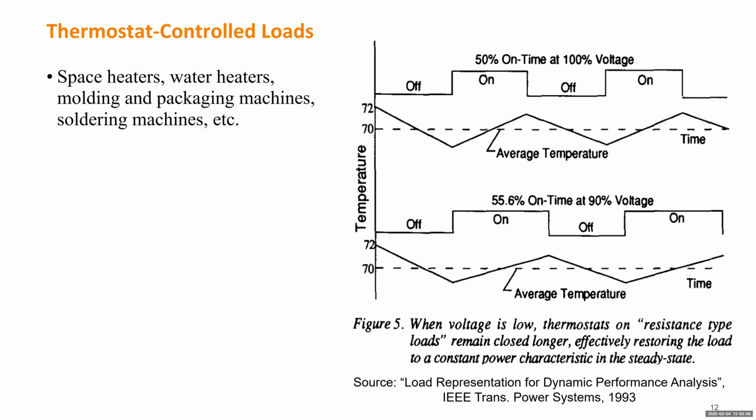Then the load can behave differently. So for instance, the top figure indicates there's a thermostatic control load, which could be an air conditioner. I set up the room temperature at 70 degrees, okay? So if right now I start from the temperature 72, which is higher than 70 degrees, this controller needs to turn off the AC, okay? Which means the temperature will decrease.